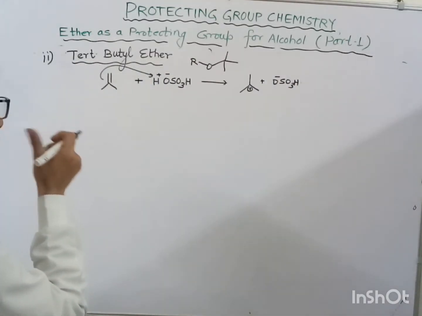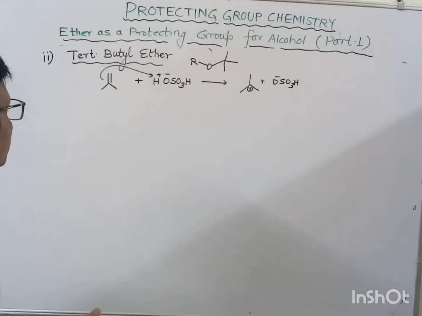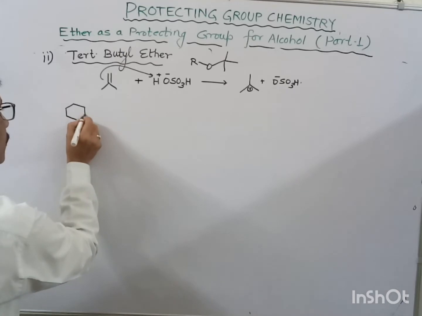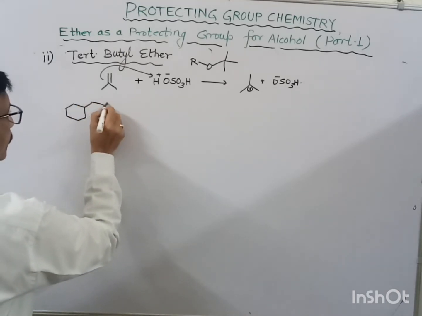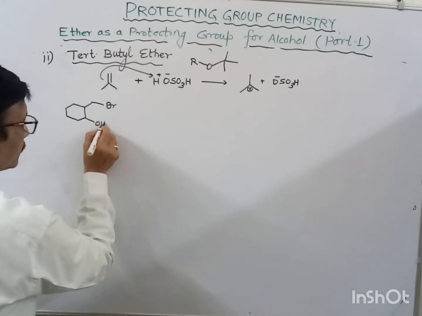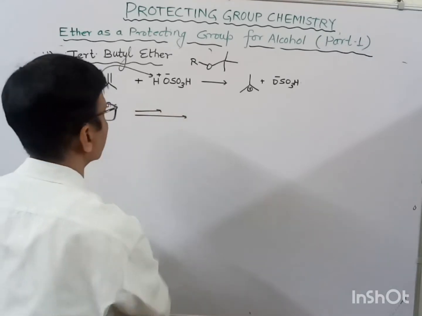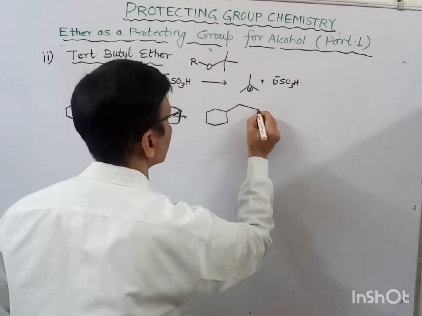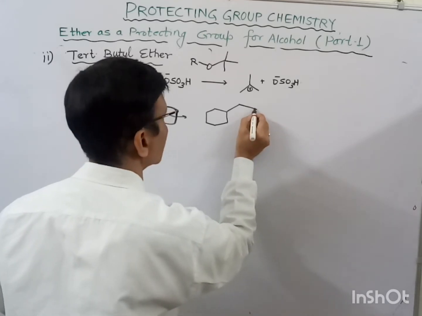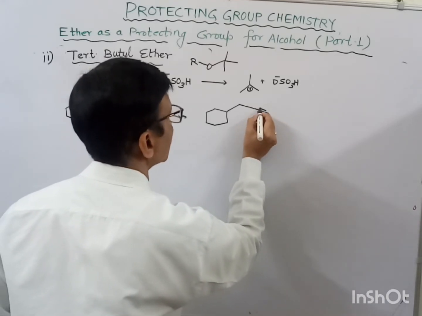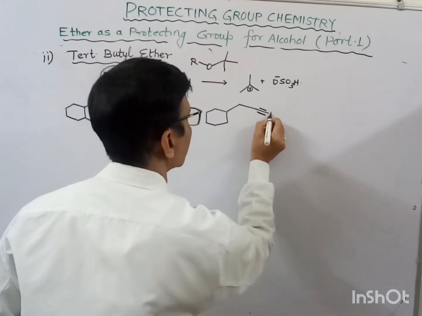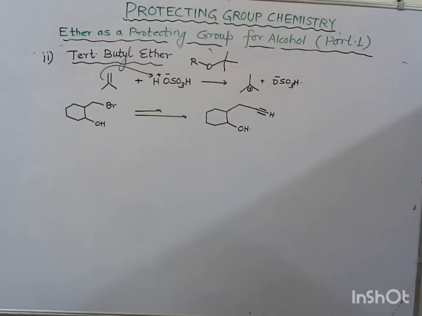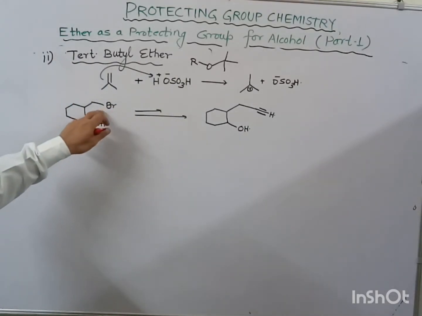Now suppose we have any ROH group, and I am taking one example, and we want to add our acetylide group.